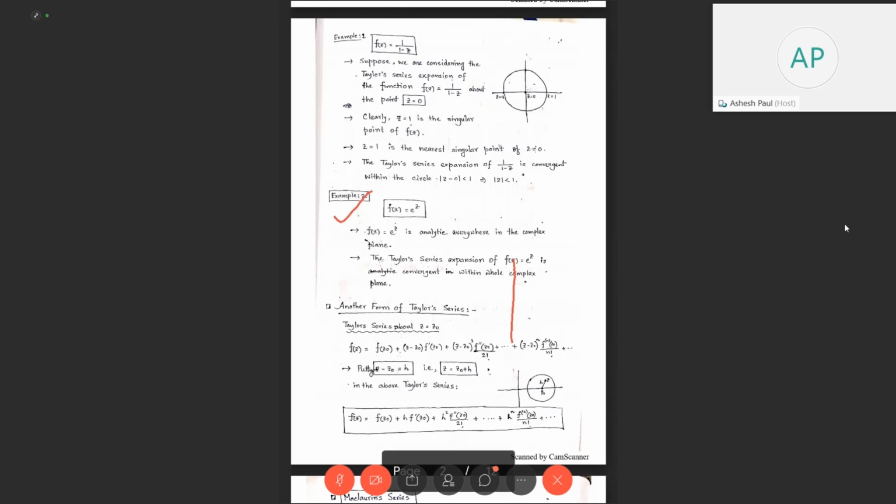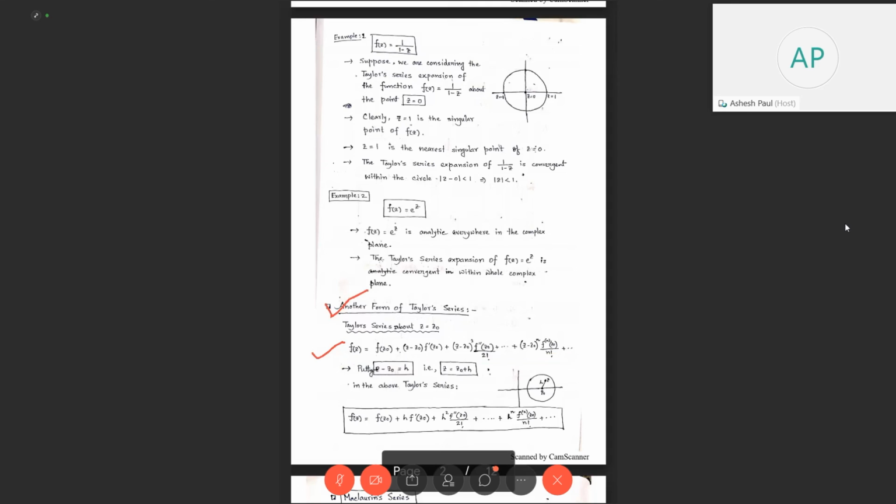Okay, now we are going to the next topic: another form of Taylor series. The Taylor series about the point z0 that we have given earlier is f(z) = f(z0) + (z - z0) f'(z0) + (z - z0)^2 f''(z0)/2! and so on.